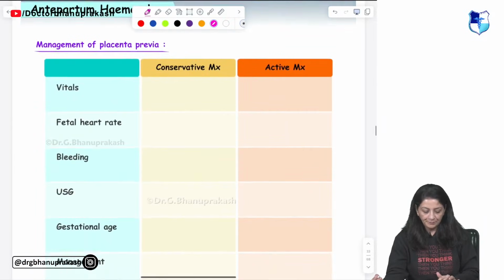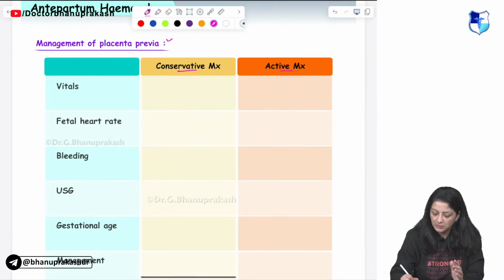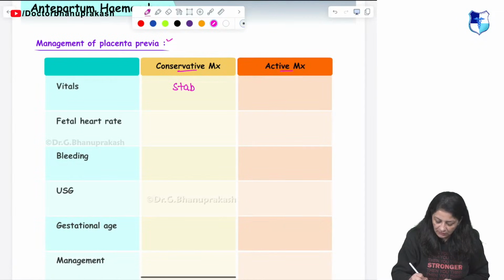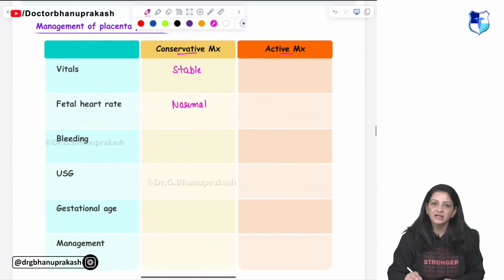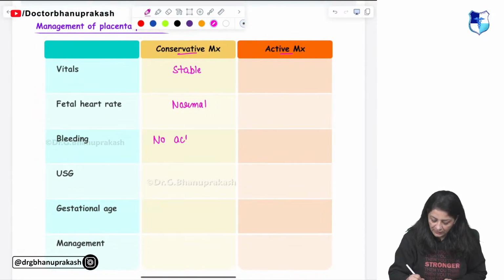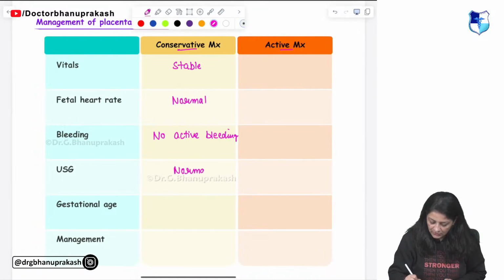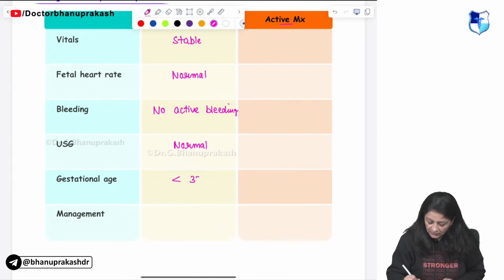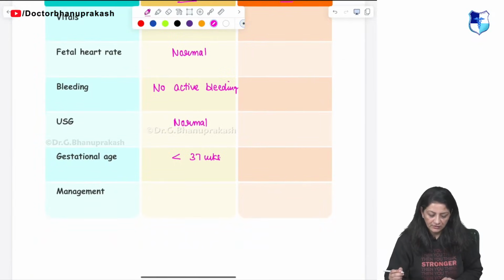Okay, now management. In placenta previa, we can do conservative management and active management. If the vitals of the patient are stable, fetal heart rate is normal, no fetal distress, no active bleeding, ultrasound is normal, no anomaly, and gestational age is less than 37 weeks, then management is conservative.